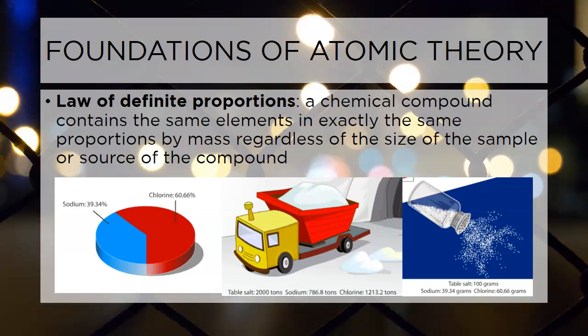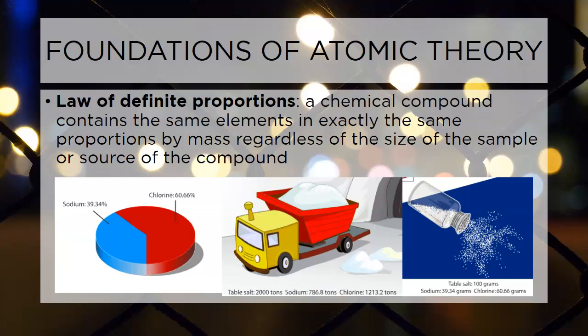For sodium chloride, sodium is going to be 39% of the mass, and chlorine is going to be 61% of the mass. That's whether it's coming out of the salt mines or out of your salt shaker. As long as it's pure sodium chloride, it's always going to be 39% sodium and 61% chlorine. That is the law of definite proportions.